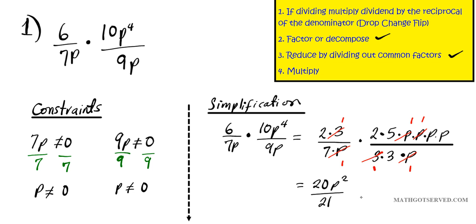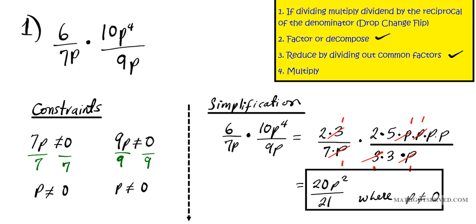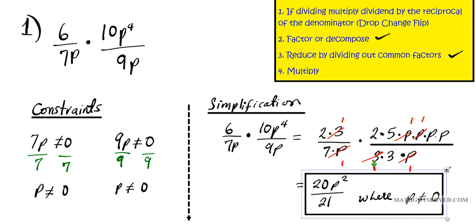So this is the simplified form where, let's state the constraint, p cannot attain the value of 0, or else you will have an undefined output for the original function. So that's the final answer for question number 1.